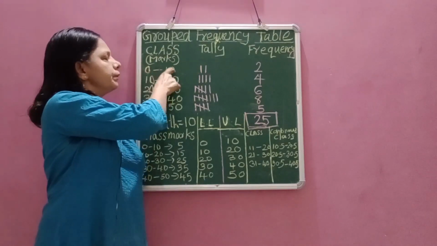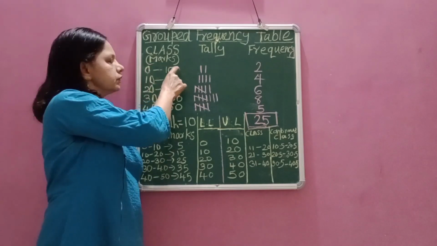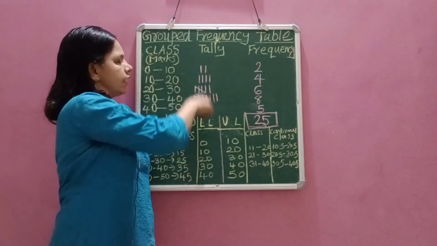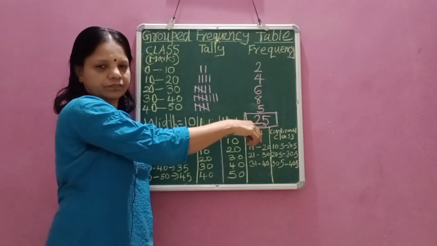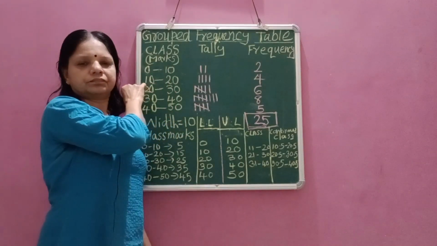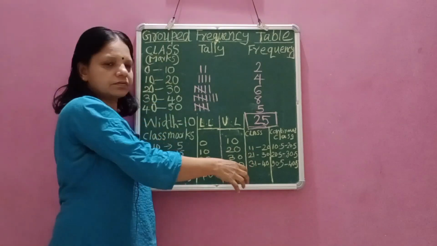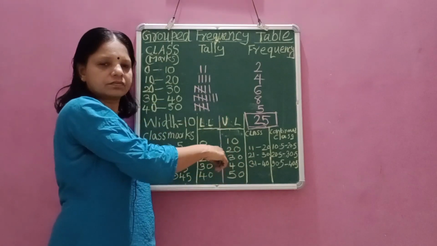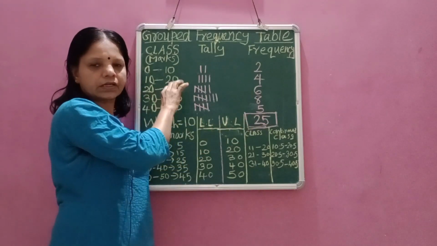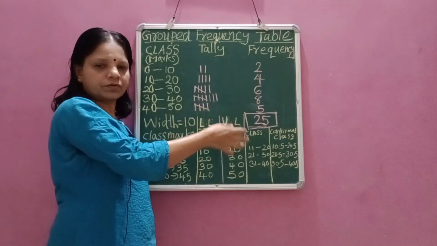There are two numbers, and the remaining are the same: the tally marks and frequency. So here 0 to 10. These represent the marks obtained by 25 students in a class test, and it is out of 50.